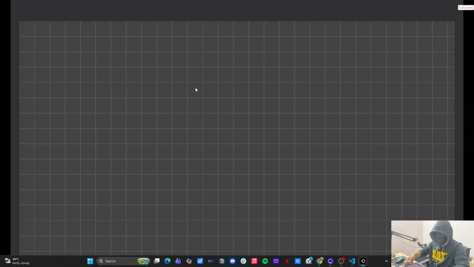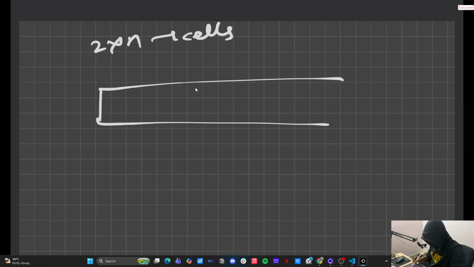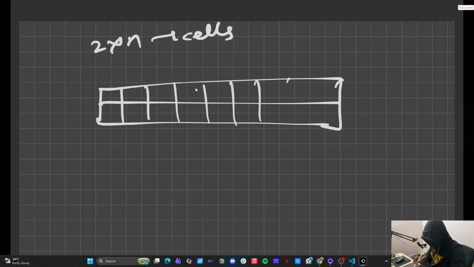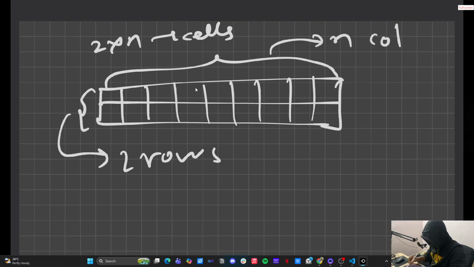What they're saying is they've given 2 cross n cells. We have 2 rows and n columns, right?